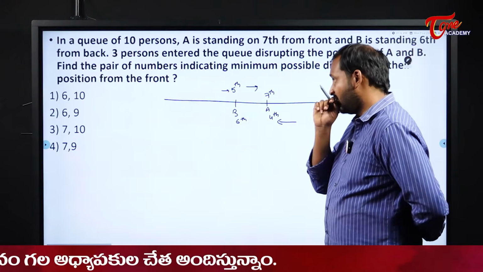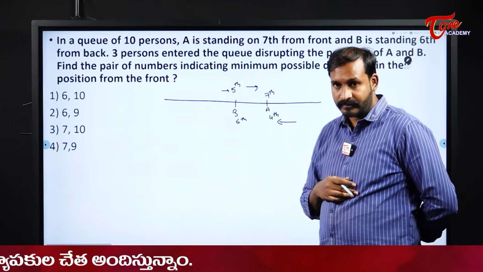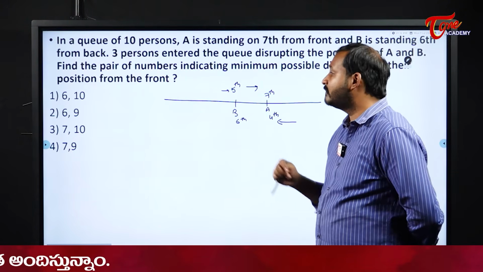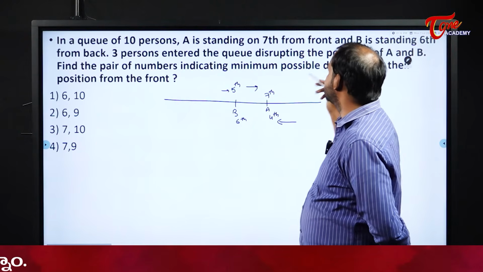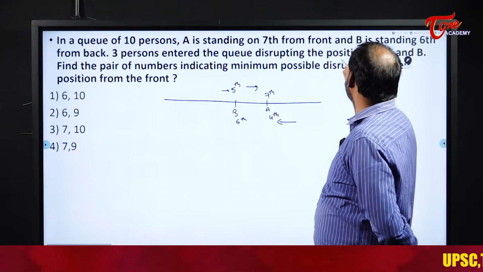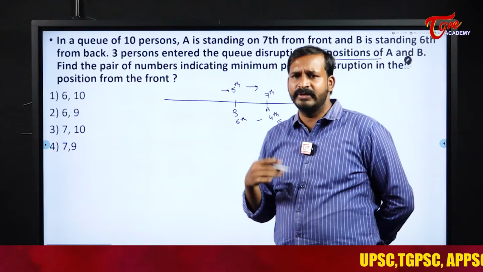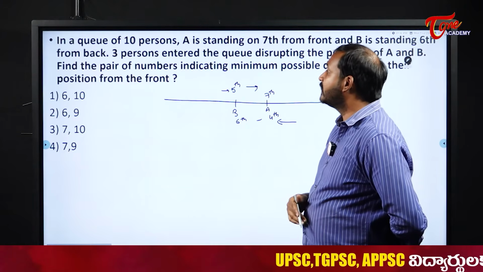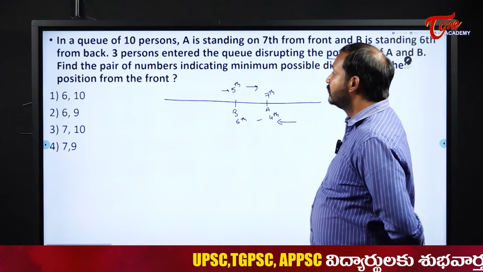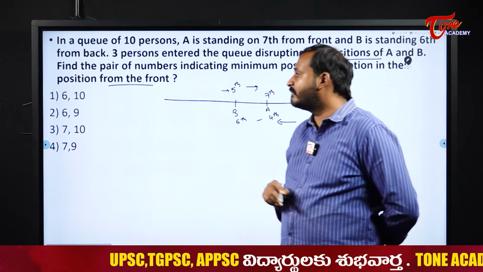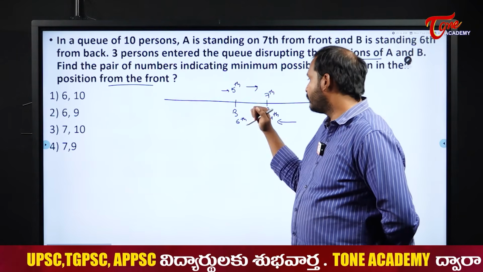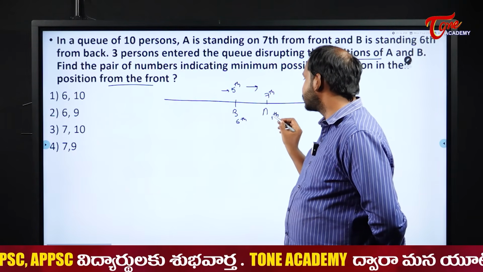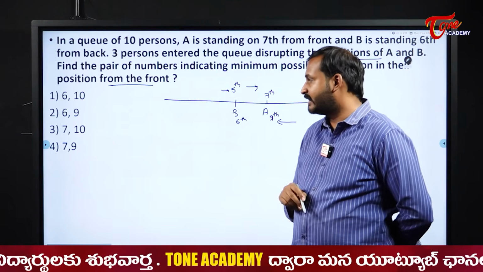Okay. Now 3 persons joined them, so that there is a minimum disturbance. Both the pairs, see, enter the queue disrupting the positions of A and B. Now both A and B's positions are disturbed. To get the minimum disturbance, what will be their ranks, tell me, from the front.